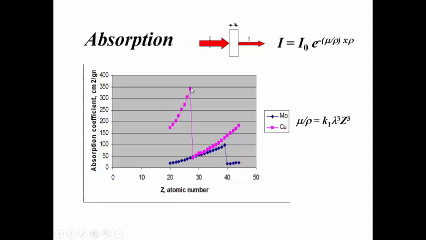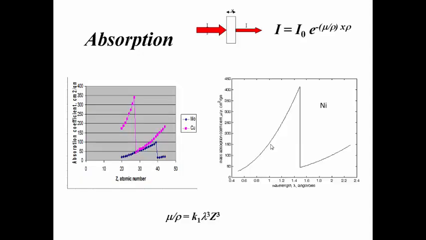So copper comes up, and then it hits the absorption edge, and then it starts over again, and it'll hit another absorption edge, etc. Molybdenum is slightly different. Here's its absorption edge on the same scale, and it will have a drop off here, and it will again have this same type of behavior.